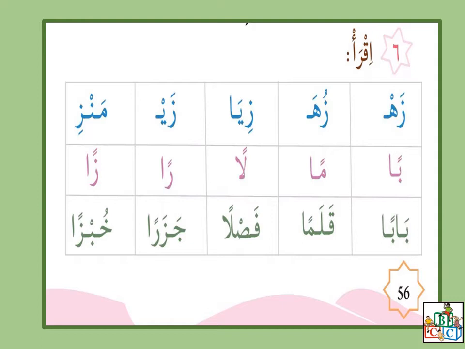Again زيا. And then you have زي. Again زي. And the last one منزي. Again منزي. Let's do the reading. The first line again. زهر زحى زيا زي منزي.